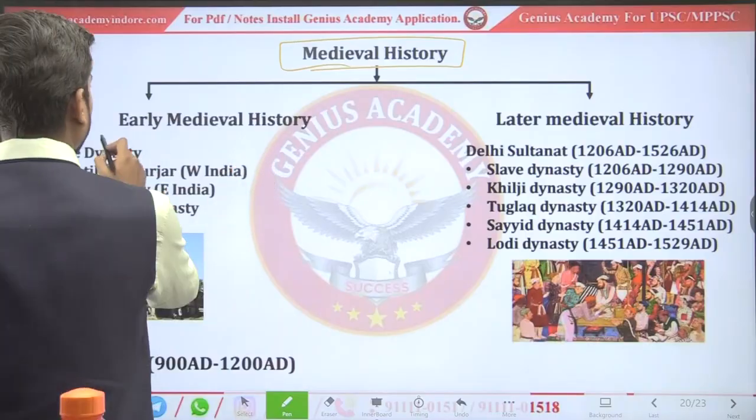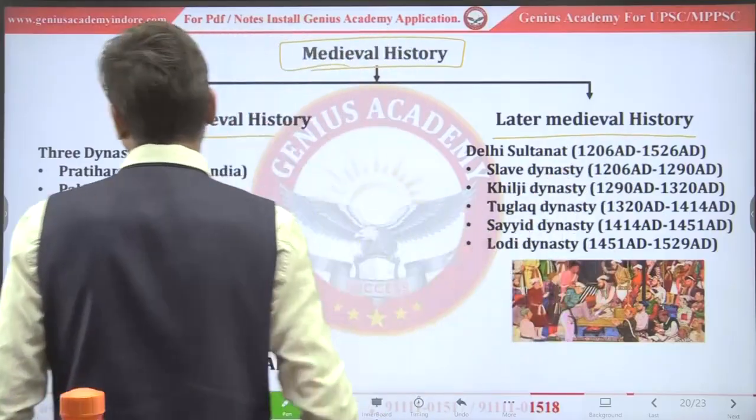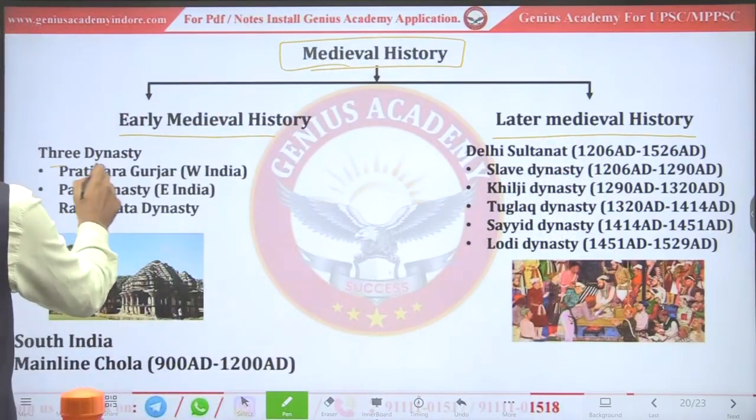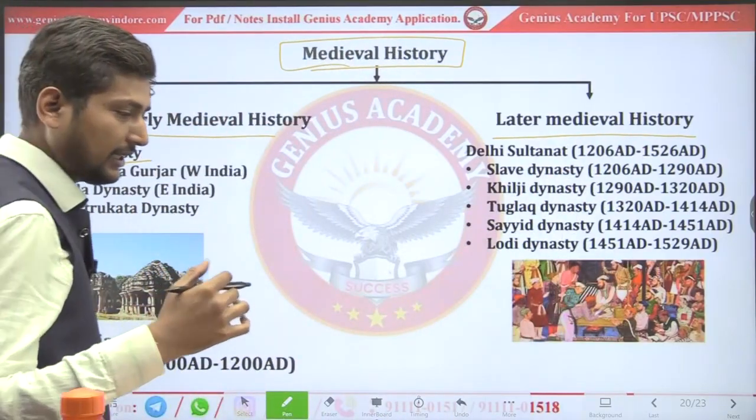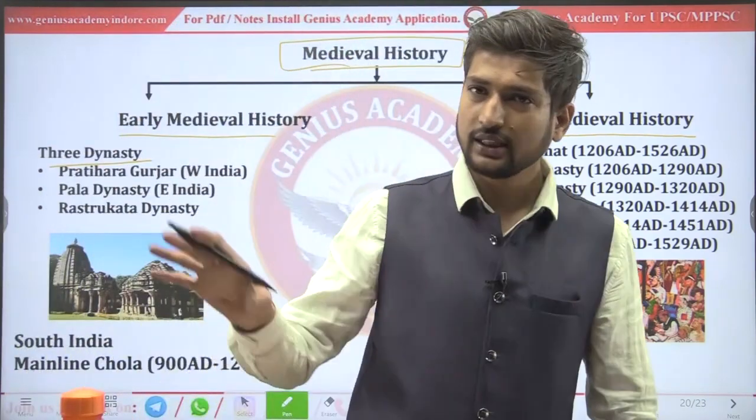Medieval history is divided into two parts, early medieval history and later medieval history. There are three dynasties in early medieval history ruling over north and central India.